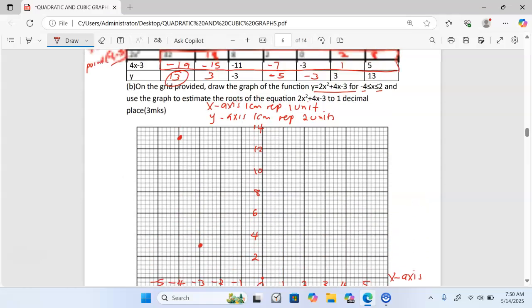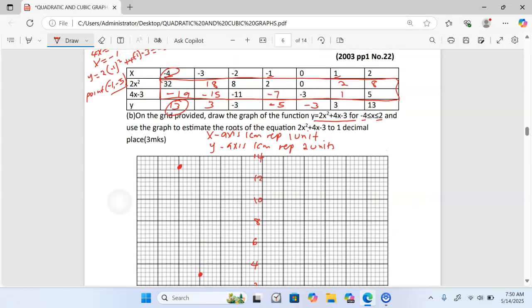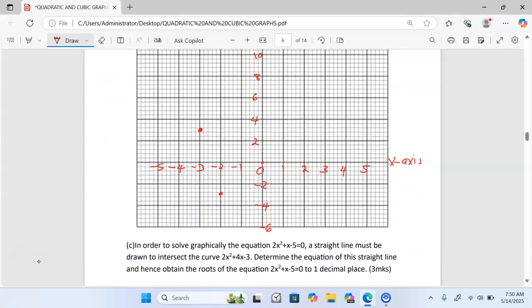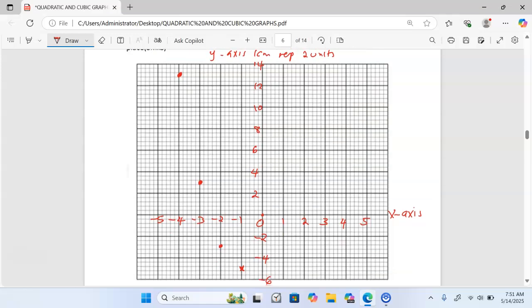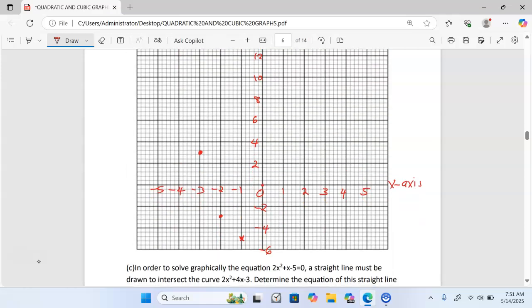When x is −1, this is actually our turning point. At this point, as you can see, (−1, −5) is here. This is our turning point. When x is 0, it is −3. (0, −3) is at this point here.